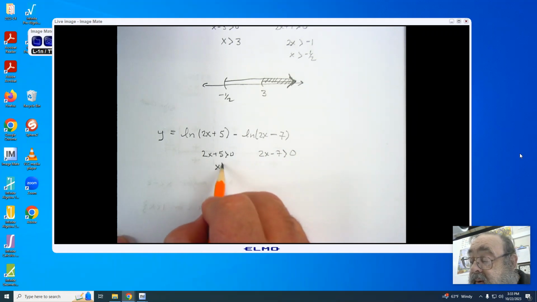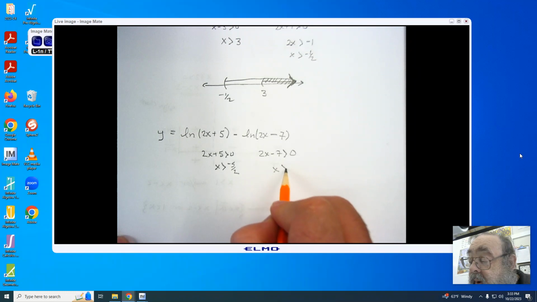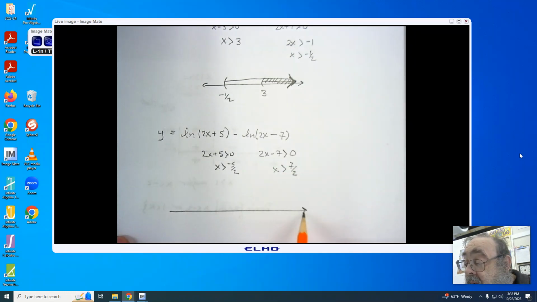So x has to be greater than -5/2 when I solve, and x has to be greater than +7/2. Looking at a number line, here is -2.5, here is +3.5, and we want to make sure that both are true.